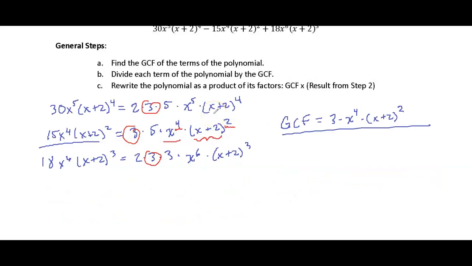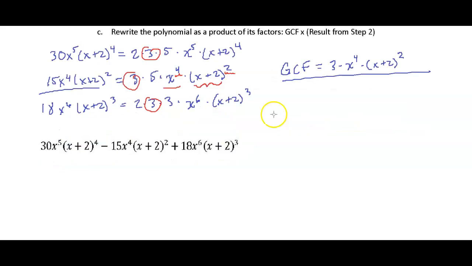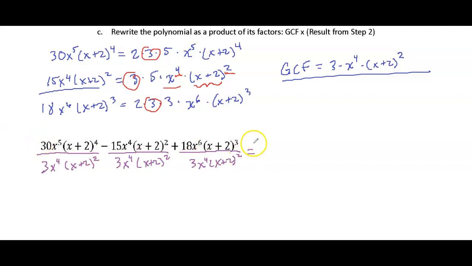Now we're going to take each of the terms in the polynomial and divide them by the GCF. Dividing our first term, we have 30 divided by 3, and that will give us 10. Next, we have x to the fifth divided by x to the fourth.